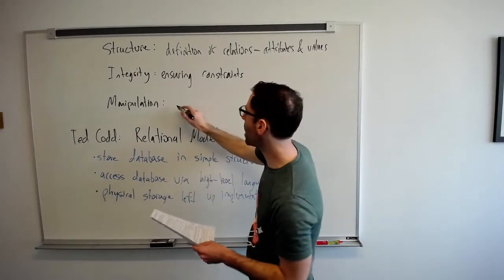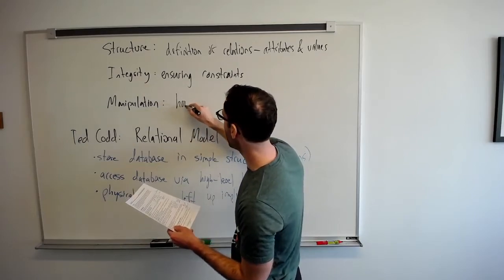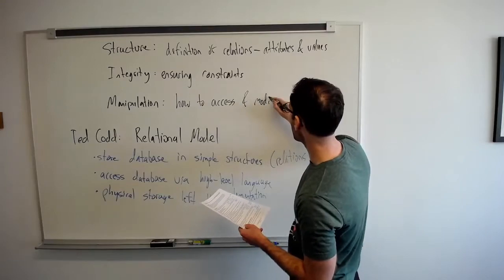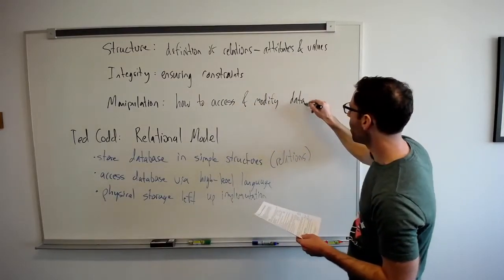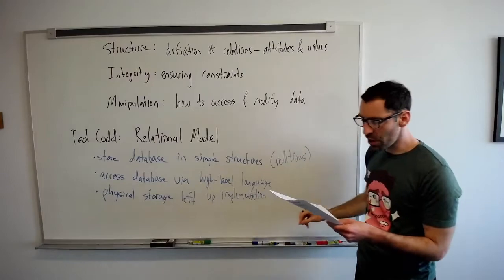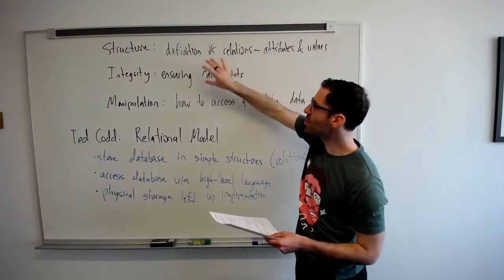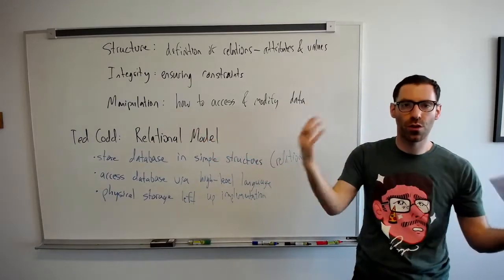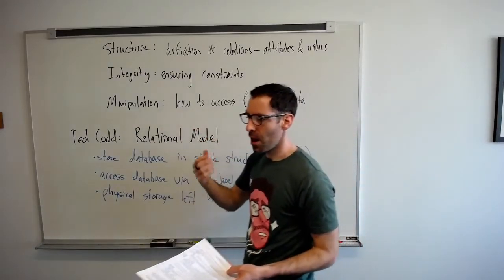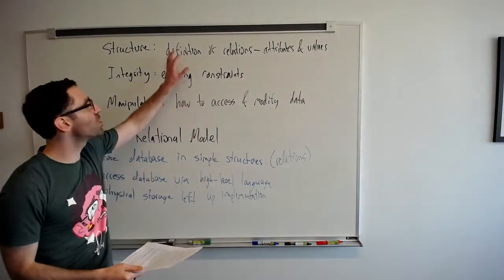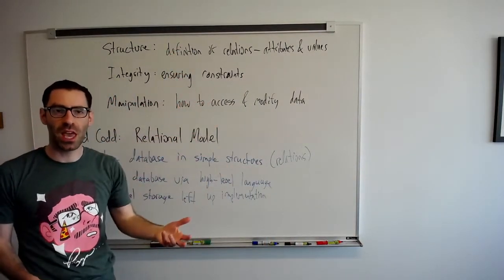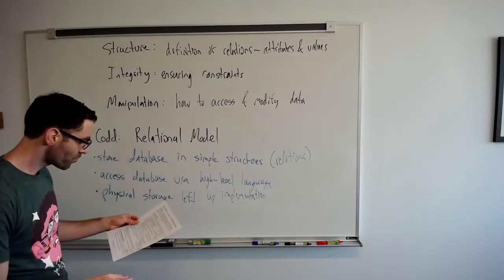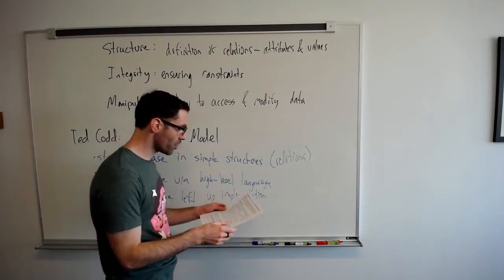And manipulation is how we're going to access and modify our data. So with these three concepts, we get a model for a robust database management system that is going to address a lot of the problems that came up when I was talking about a flat file approach. So a few key terms.